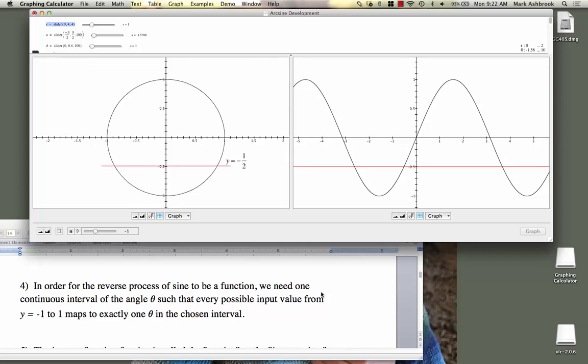So we need some range of angles. Over here in this graph of sine, we're talking about some range of angles. When we look at this sine graph now, and we think of the reverse process, the input is the vertical axis, right? And the output is on the horizontal axis. So we need a range on the horizontal axis of angles.